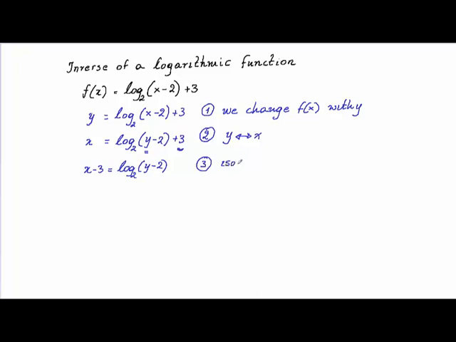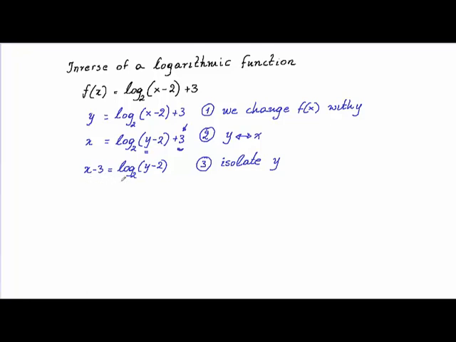In order to do that, we need to perform all the operations in the order of PEMDAS. So the first thing that we need to do is get rid of the 3 from the right side of the equation in order to leave the logarithm by itself. So we isolate the y. That's our purpose. Now on one side of the equation we have just the log, and on the other side we have x minus 3.